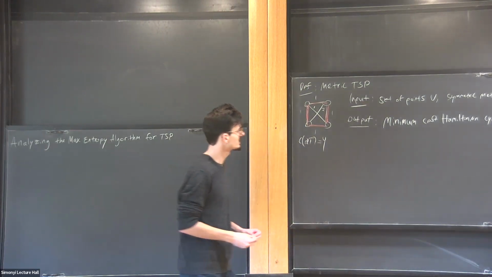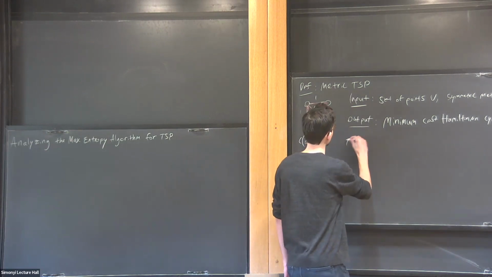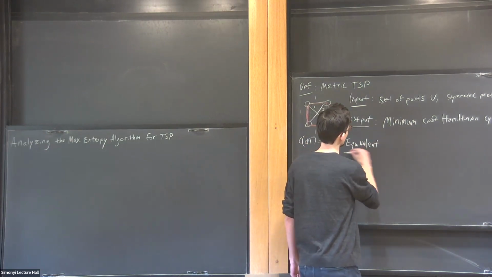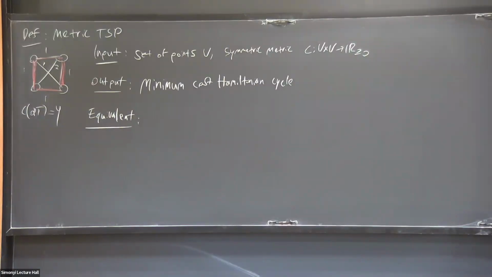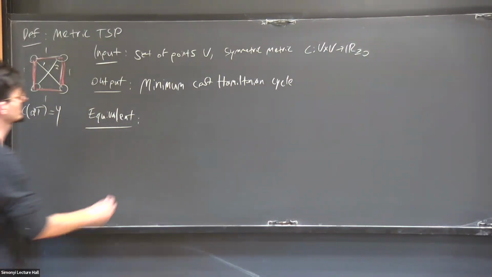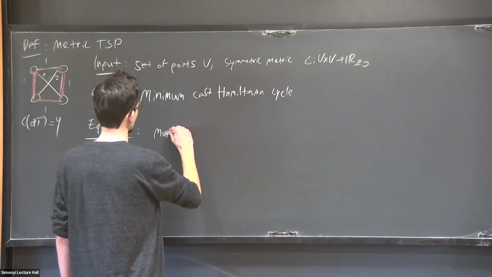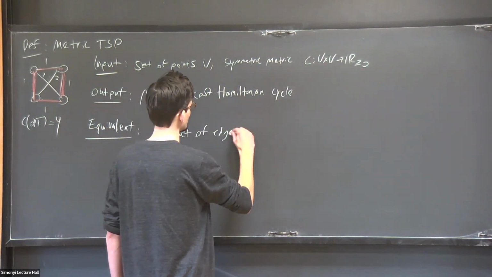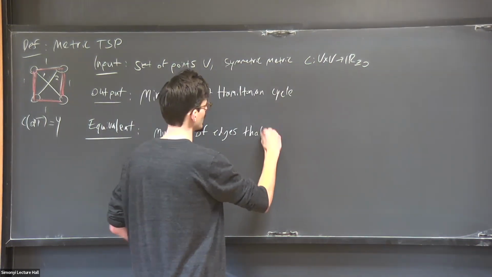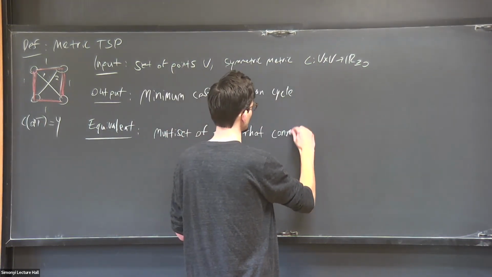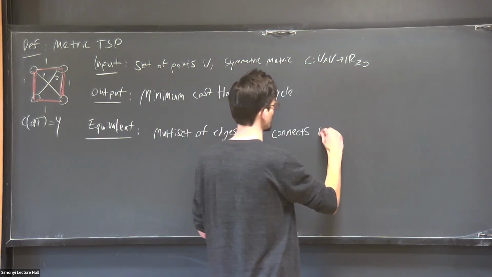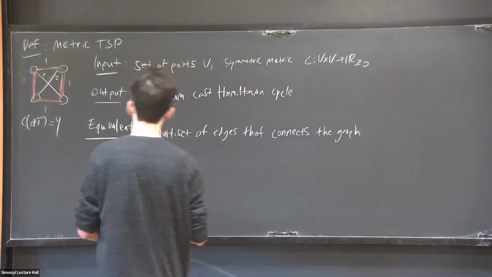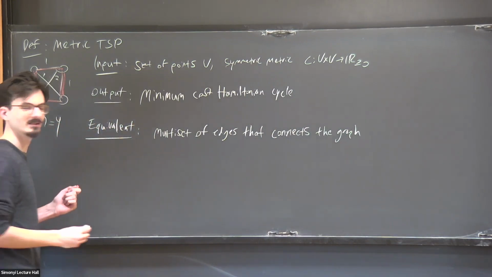Okay, and it turns out that an equivalent output you could look for is just a multi-set of edges that connects the graph and has even degree at every vertex.